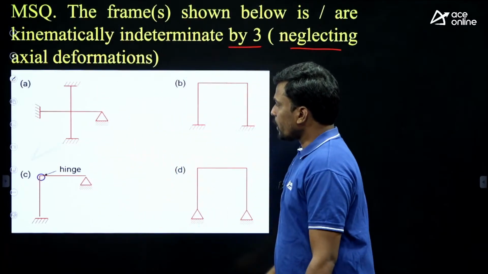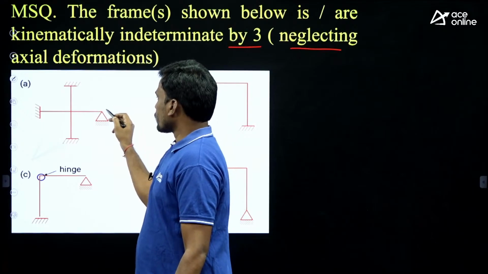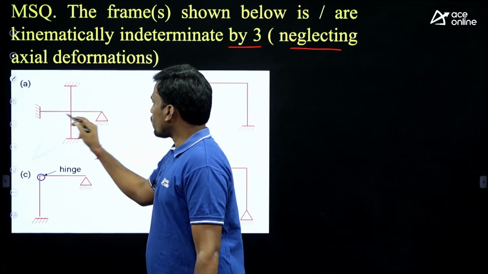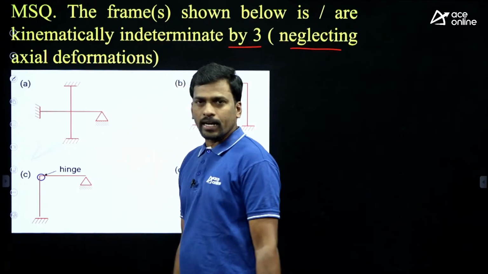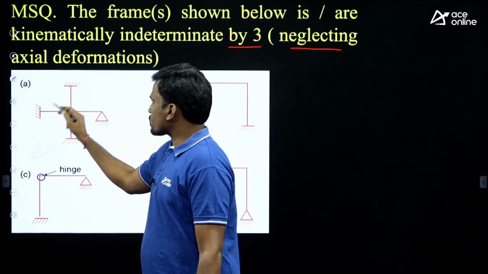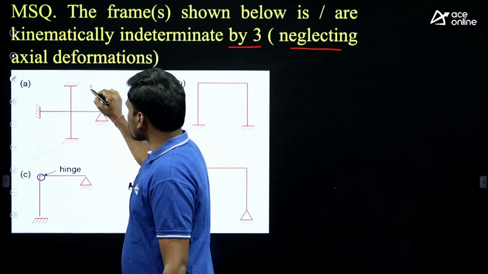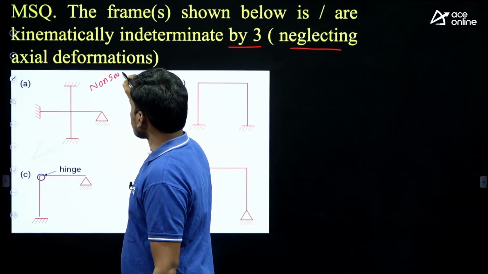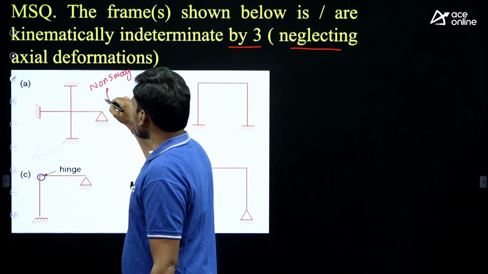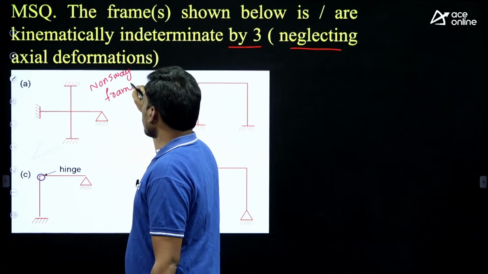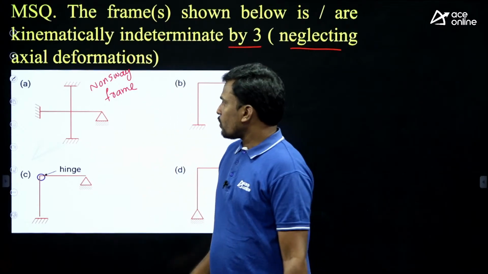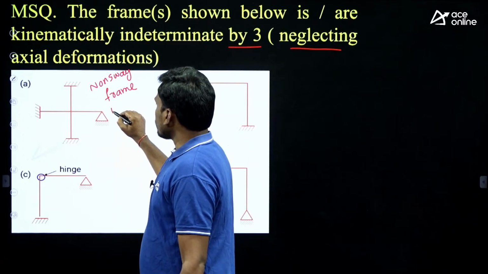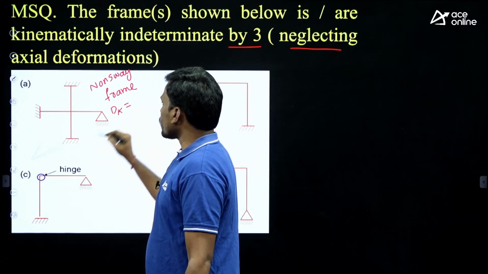Now here, this is a non-sway frame. At the beam level, is it free to move in the horizontal direction? No, the supports do not allow it to move horizontally. So this is a non-sway frame. Neglecting axial deformation, to find the Dk, simply count the number of rotations.